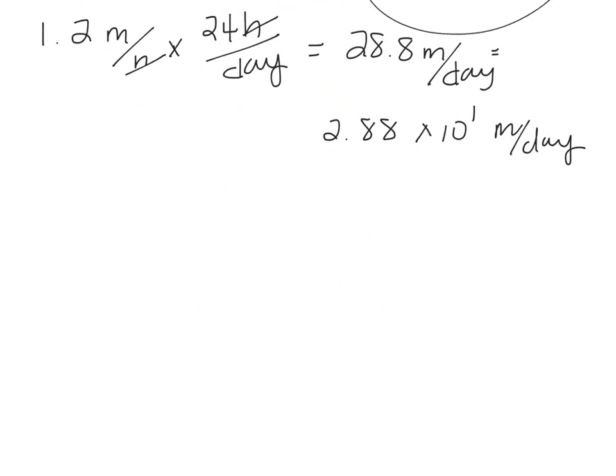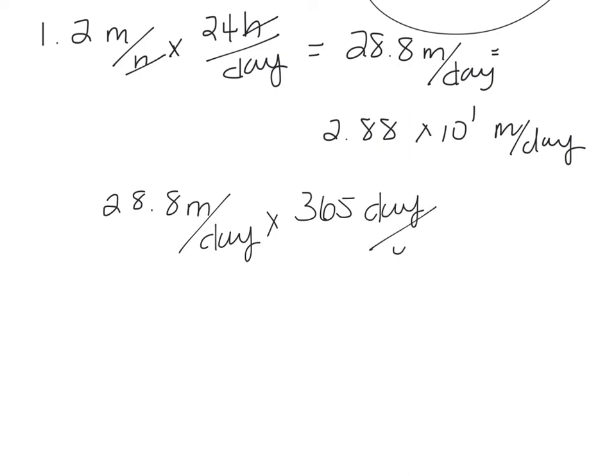And now the next part. Actually, for this part I'm going to go ahead and use this instead of scientific notation. And we have 365 days per year. And off to the side, go ahead and do this math problem.